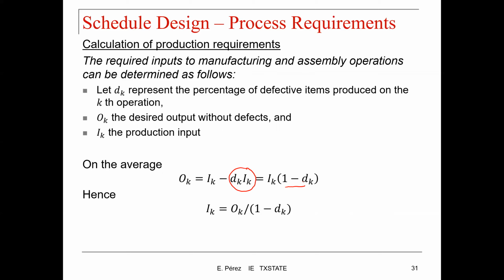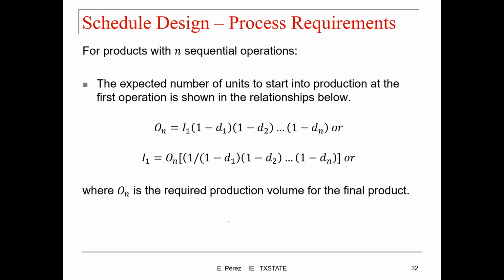We can solve for I_k. So that input is going to be equal to the output divided by 1 minus the defective rate. So for products with n sequential operations, the expected number of units to start into production at the first operation is shown in the relationship below.